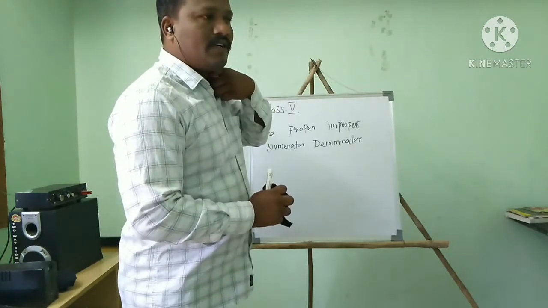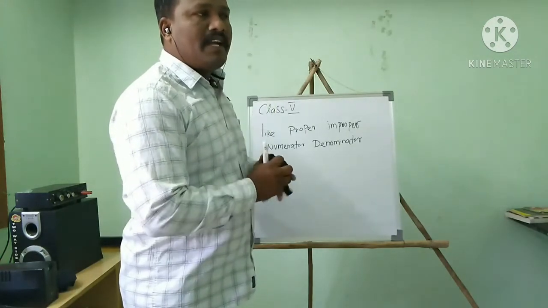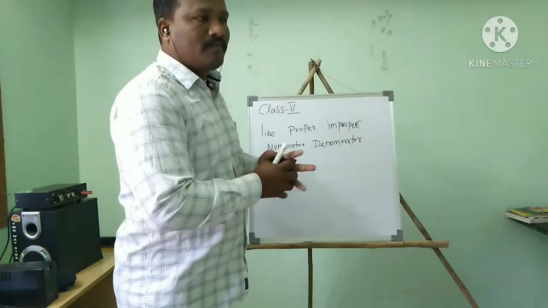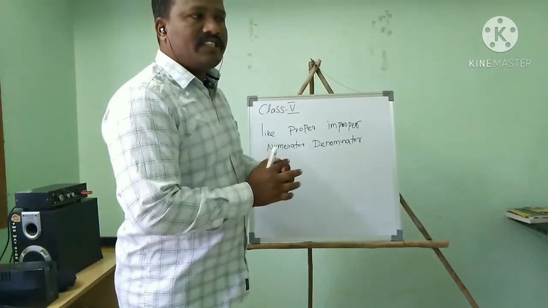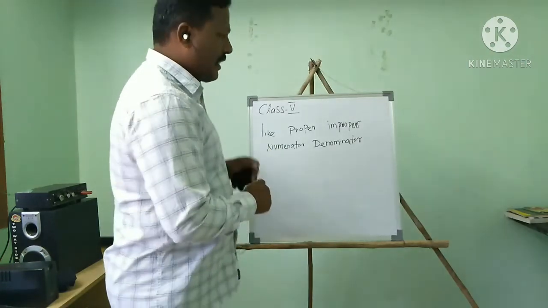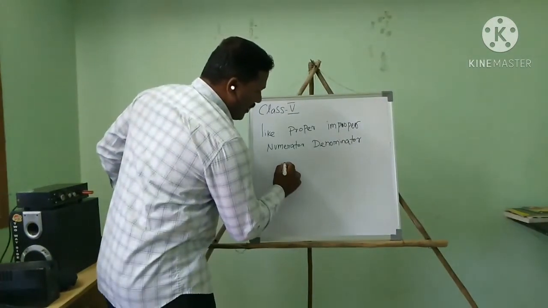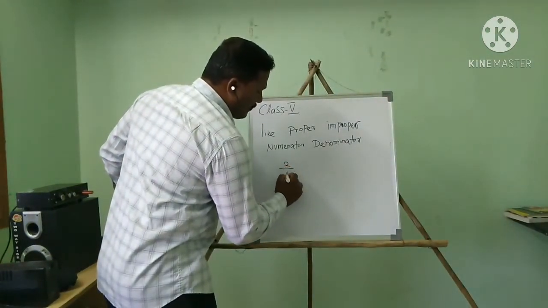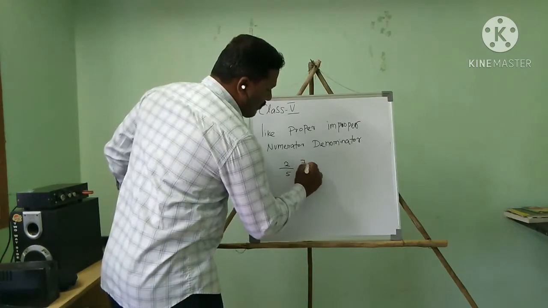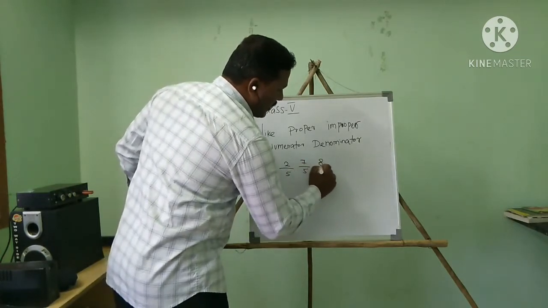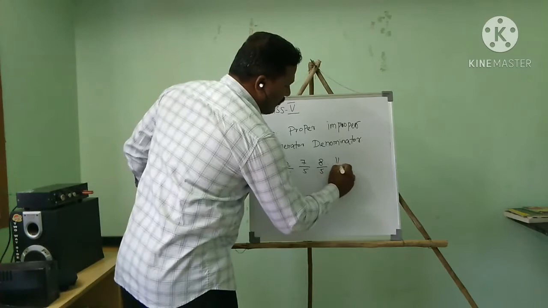First question: fractions with the same denominator are called dash. For example, 2 by 5, 7 by 5, 8 by 5, 11 by 5.